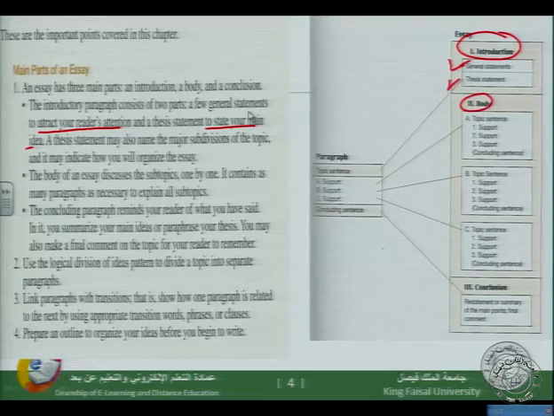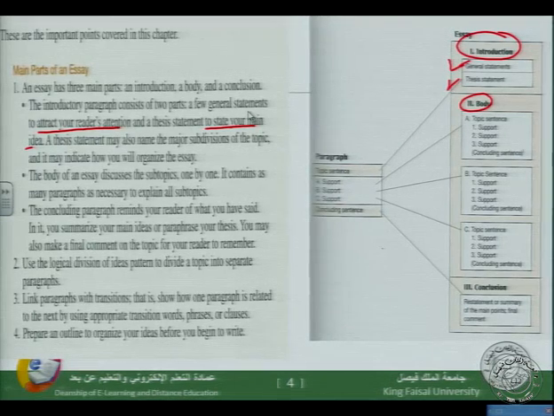In the body paragraph, the body of an essay discusses the subtopics one by one. It contains as many paragraphs as necessary to explain all subtopics. So the body might contain 4 paragraphs, 5 paragraphs, 3 paragraphs, maybe 2 paragraphs, but an essay usually discusses 2 complex topics, so at least you need 4 paragraphs to explain these 2 complex topics.